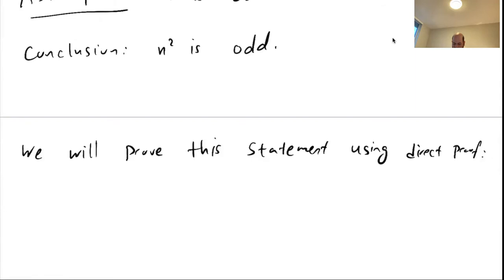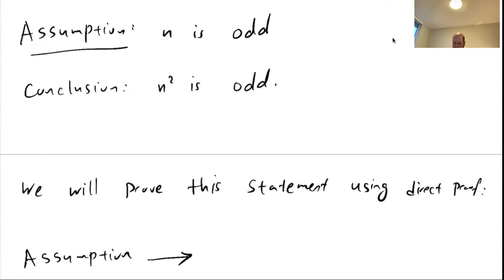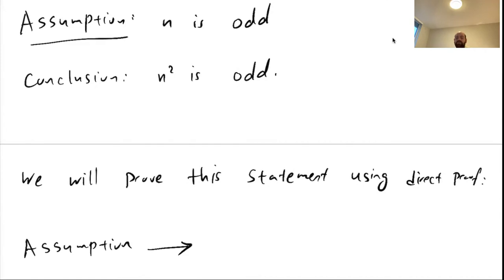So we start with the assumption. Assumption says n is odd, right? So please remember one important thing in proofs: in almost all proofs in mathematics, you have to use the definitions that are involved.